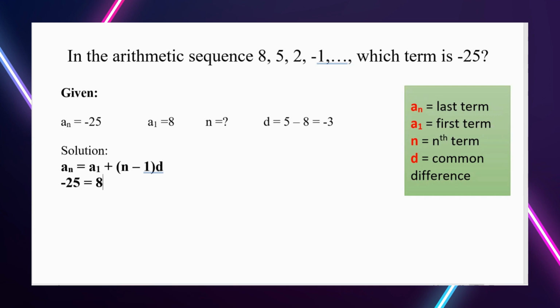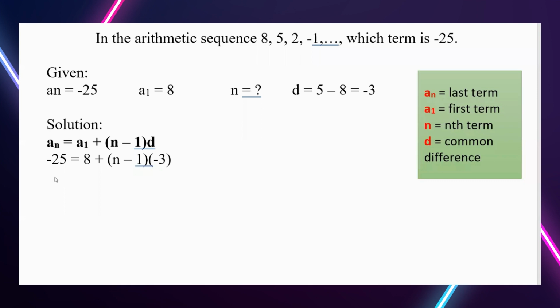A sub 1 is 8 plus the quantity of n minus 1 times the common difference, which is negative 3. Negative 25 is equal to 8 plus, apply the distributive property, n multiplied by negative 3 is negative 3n. Negative 1 multiplied by negative 3 is positive 3.